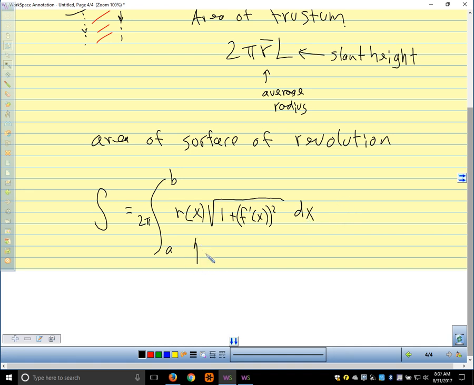So this r sub x is the distance between the graph and the axis of revolution. And this is for y equals f of x.